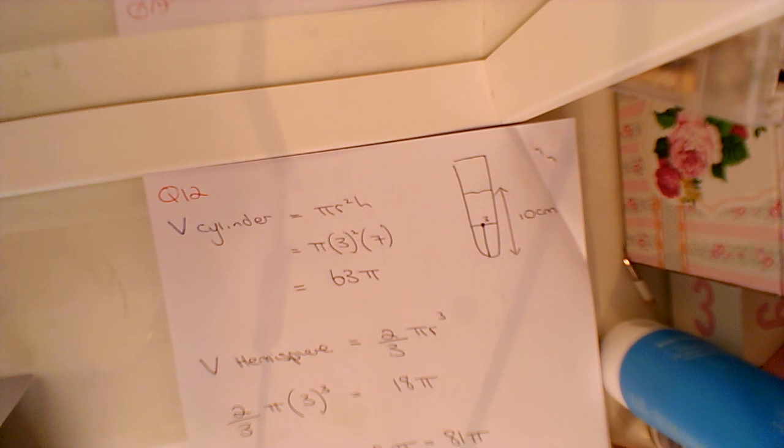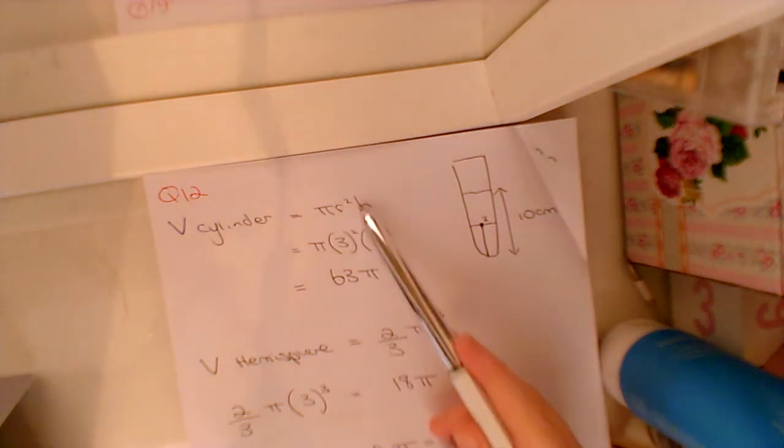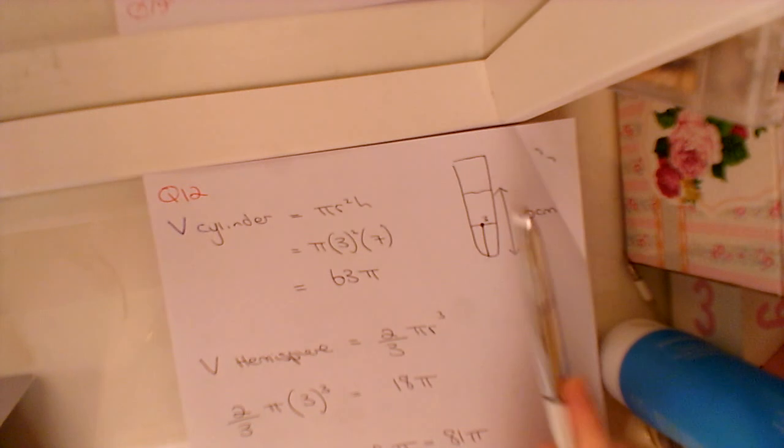Question 12 I have here then, a closed plastic container is in the shape of a hollow cylinder on a hollow hemisphere. Below, both have a radius length of 3. The container is partly filled with water to a depth of 10 centimeters. Find the volume of water in terms of pi. So I'm going to have to get the volume of my cylinder and the volume of my hemisphere. So volume of cylinder is pi r squared h.